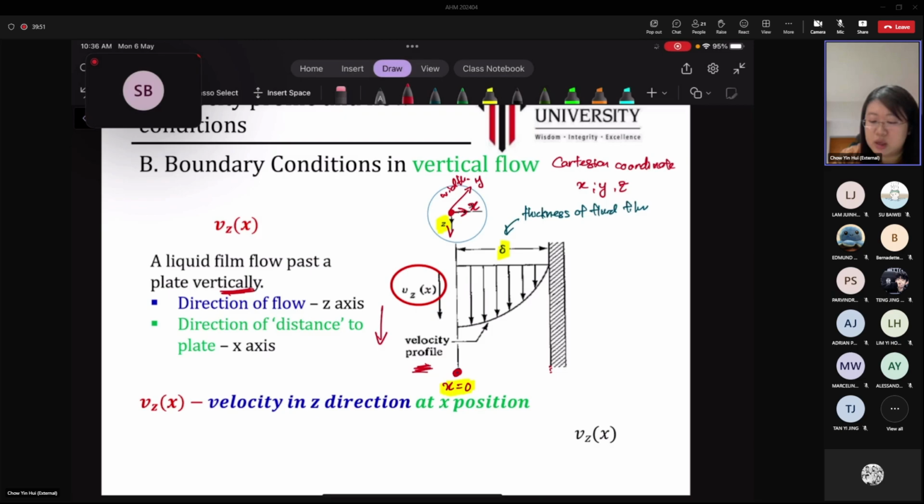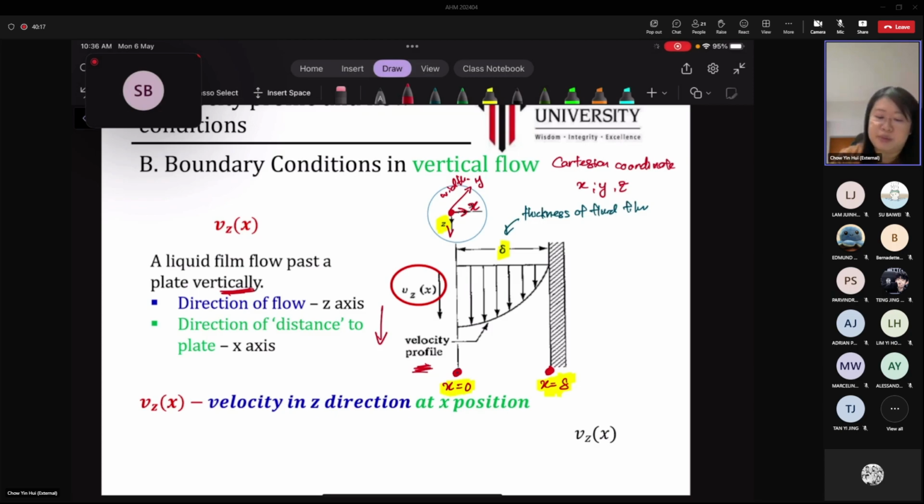While this boundary here, we denote as x equals delta, which is equivalent to the thickness of the film. You can note it down in your lecture notes if you are taking notes now. How you define the boundary matters, because later you need to know it in order to assign it to the integration. When we integrate, we need to know the boundary and the boundary conditions.